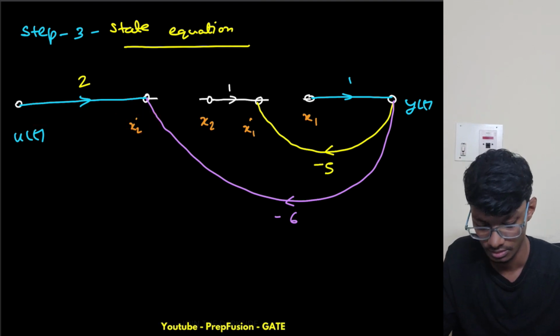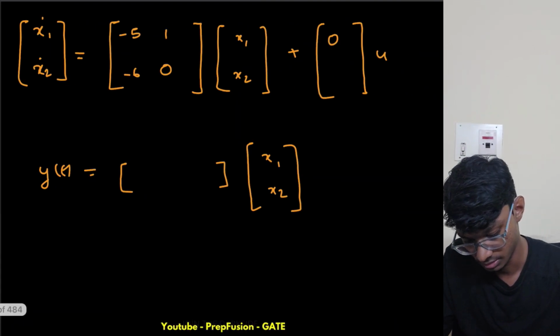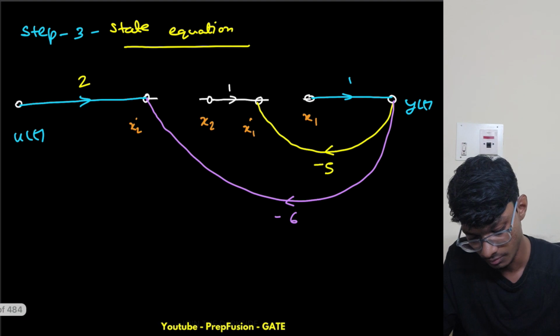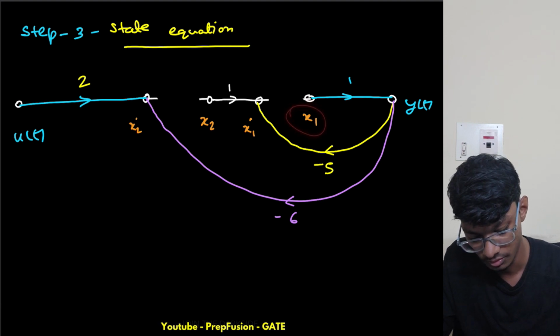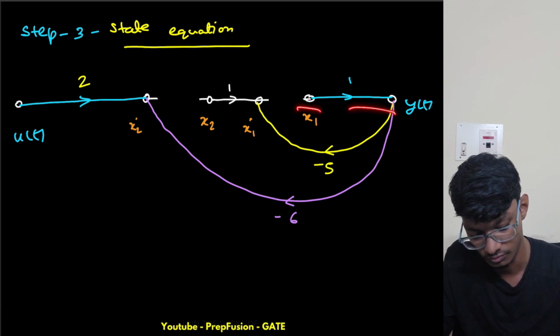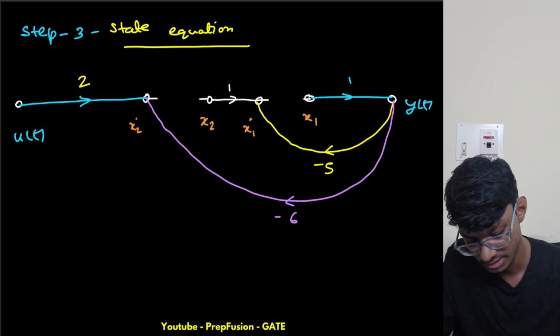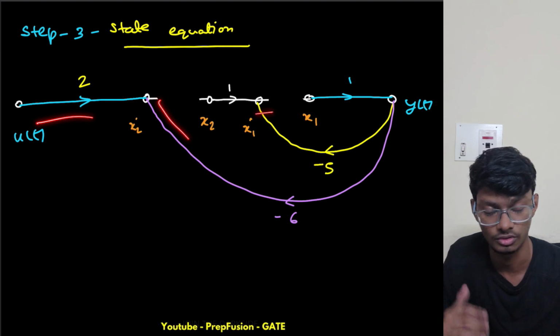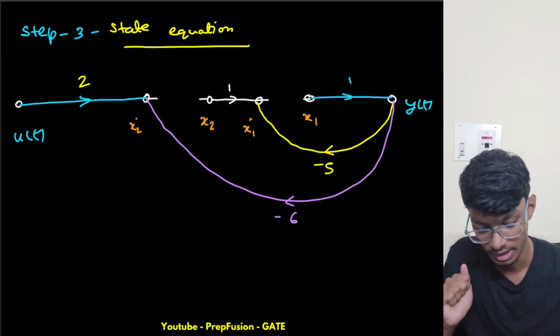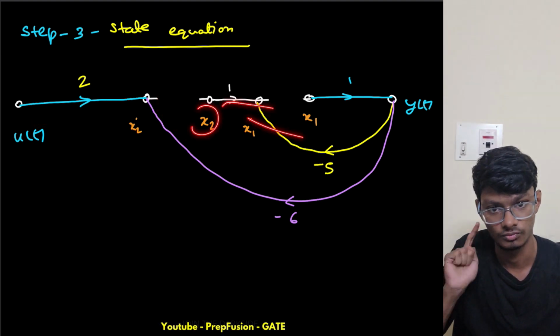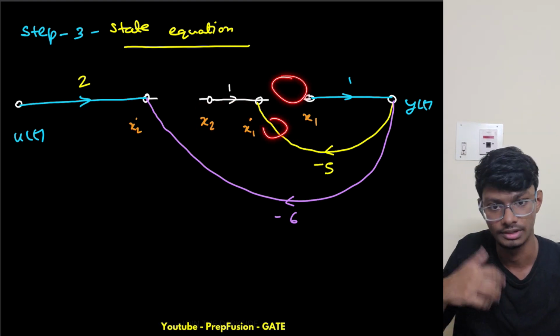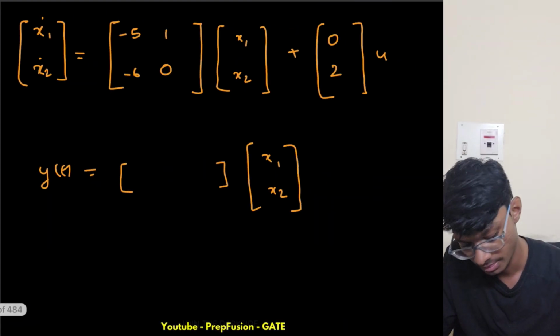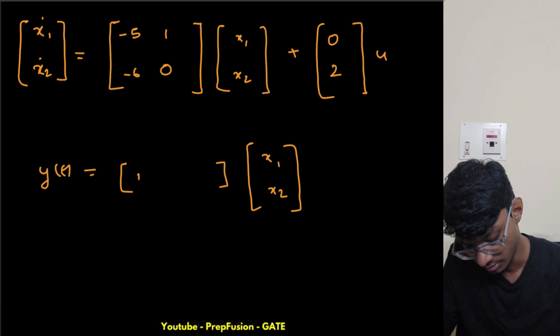Now x1 into 1 equals y, but nothing else is coming. x2 can't come to y, and u also can't come to y, because they are not connected. They are in reverse direction. So I hope you understand. Only we have x1, and this is 0.